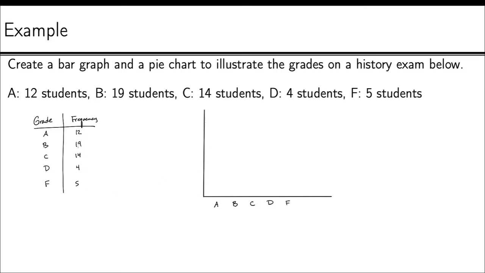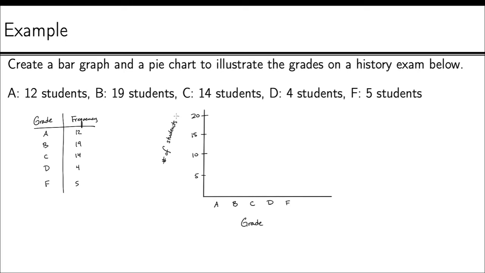Again, we take the highest one, and that's going to be kind of near the top. So 19, so I'm going to say 20. 20 is up there, and then we'll cut this: that's 10, 15, 5. And then we always want to label our axes. That's best. So this is grade and number of students.